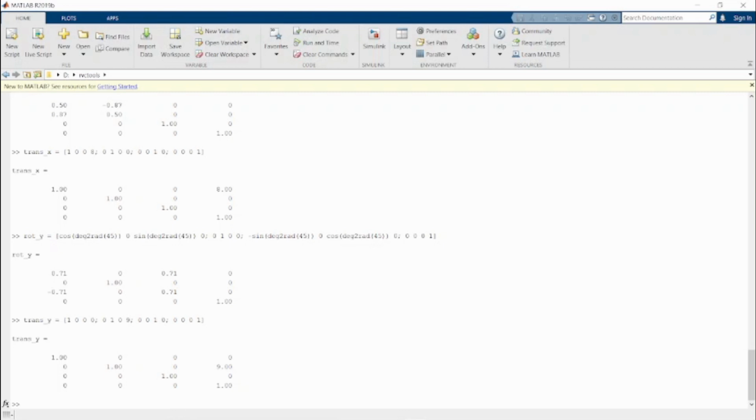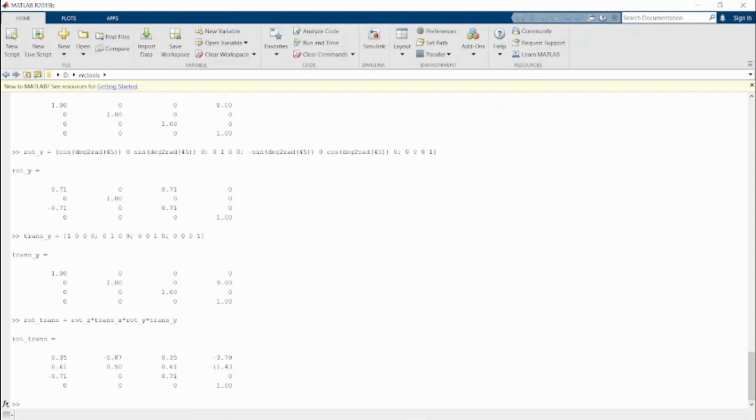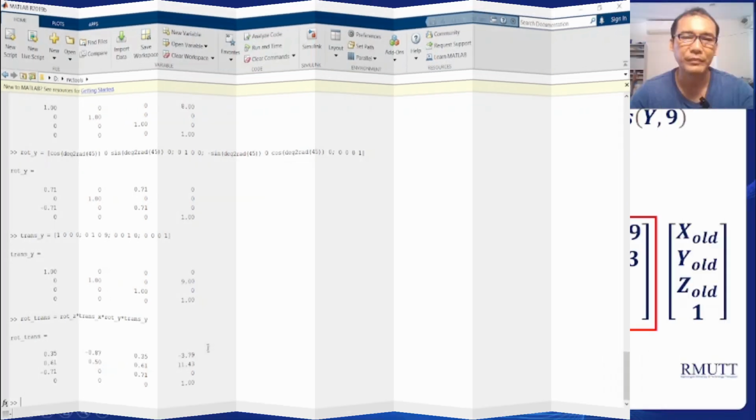After we determine all those matrices, we can start to multiply them. And here is the equation of the rotational and translational matrices. So after the calculation, we have this homogeneous transformation matrix in MATLAB.